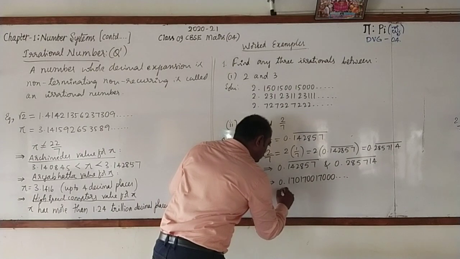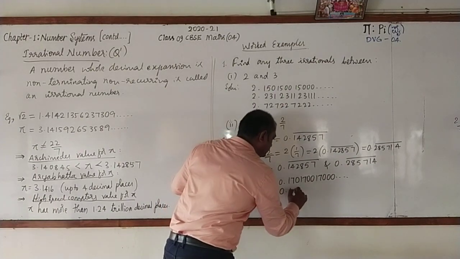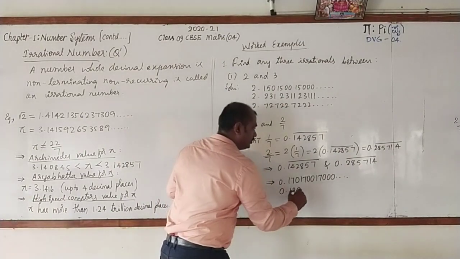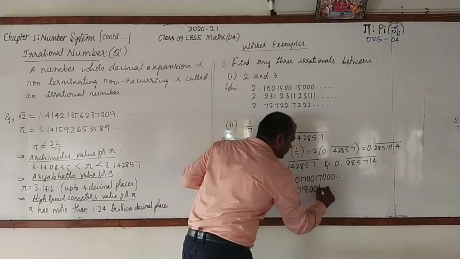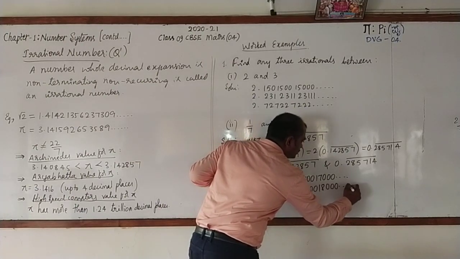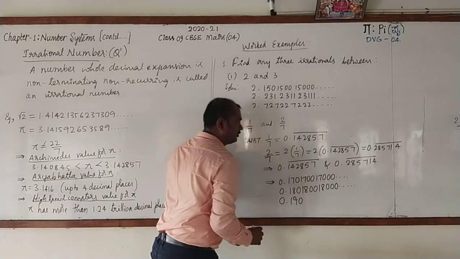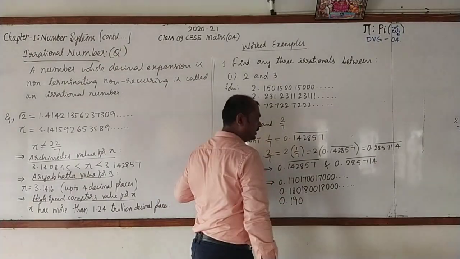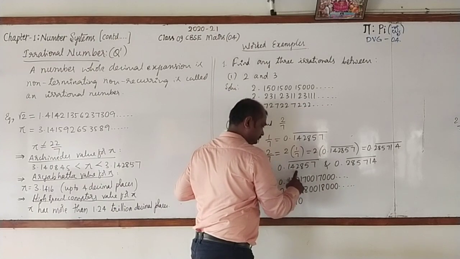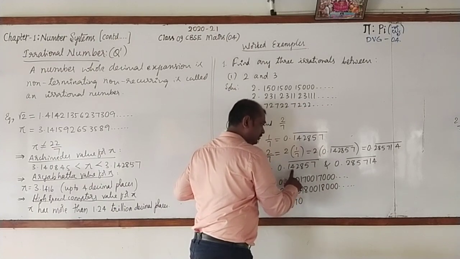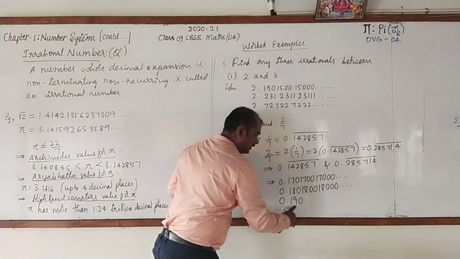You may take 0.180, 1800, 18000 and so on. 0.190, 190, and see that it is more than 14, less than 28.